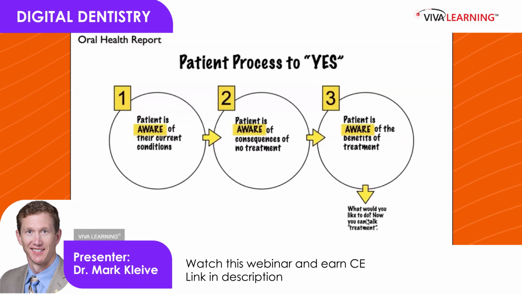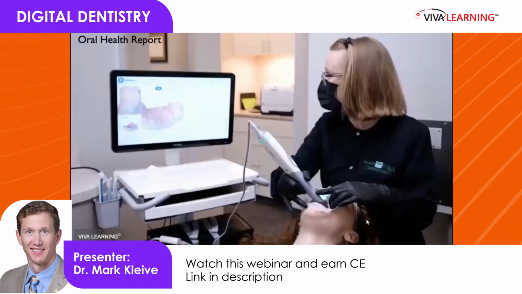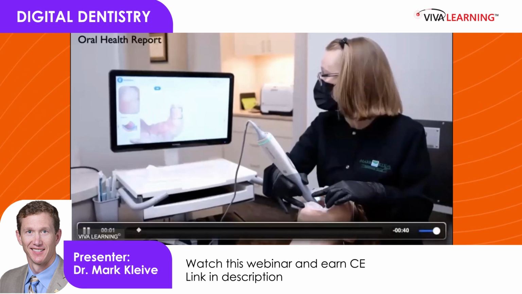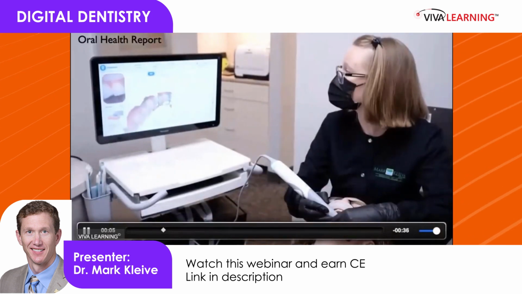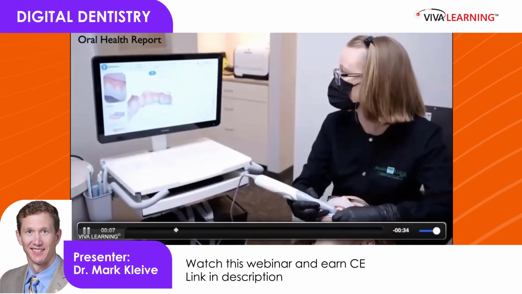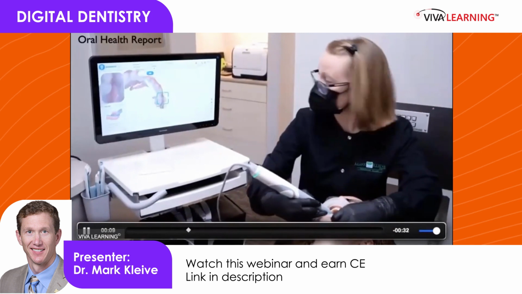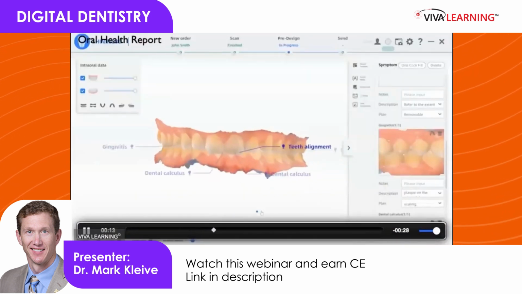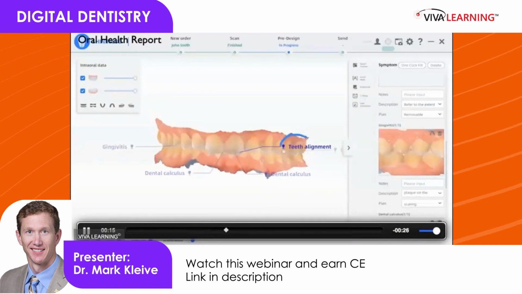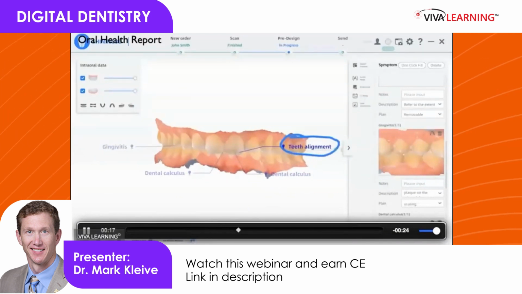So one of the benefits in Shining 3D software is that we're able to use what's called the oral health report. And what we can do is we can scan a patient. We need that scan data for just capturing whatever information we need to do in any patient scan. So we take pictures and take scans.